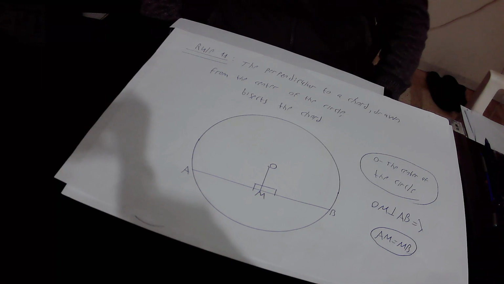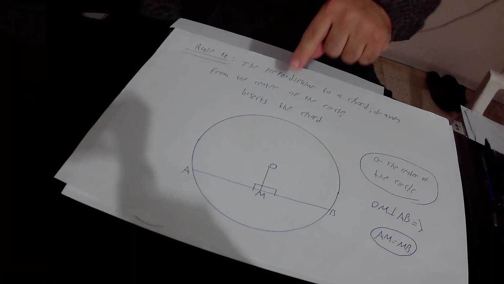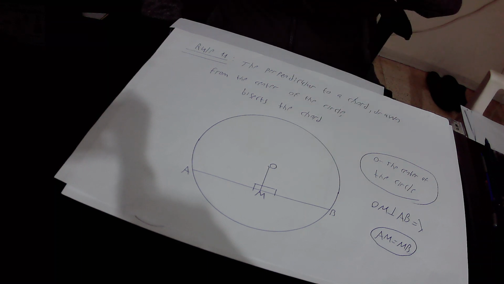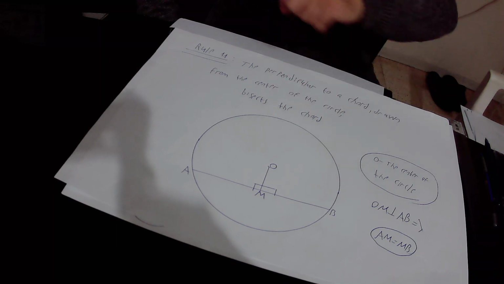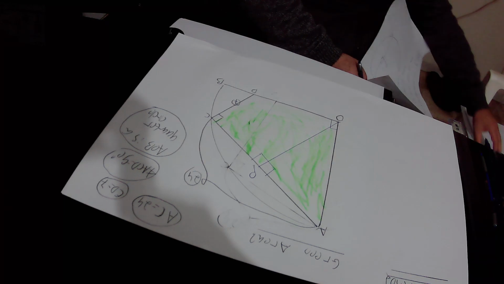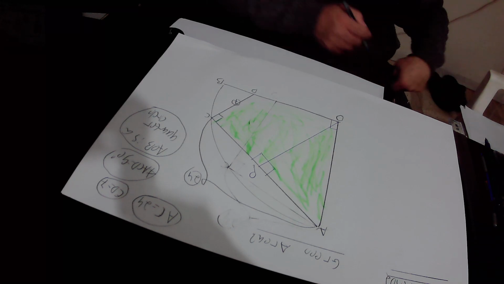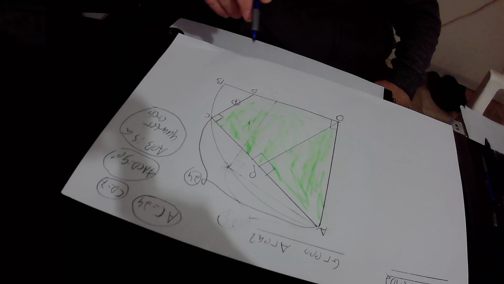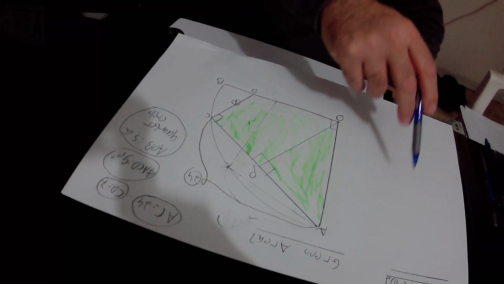Again, the perpendicular from the center of the circle, that is OM, is not only perpendicular to chord AB, but it also bisects chord AB. That is to say, AM equals MB. We can implement rule number 11 in our drawing. Why? Because in our drawing, point O is the center of the circle that we can create by completing this quarter circle to a circle.